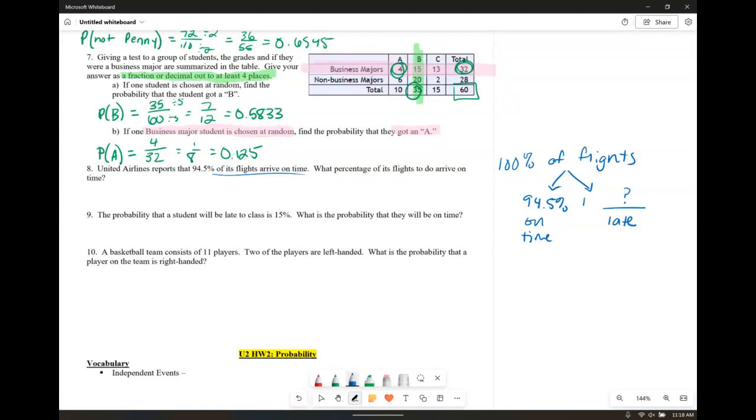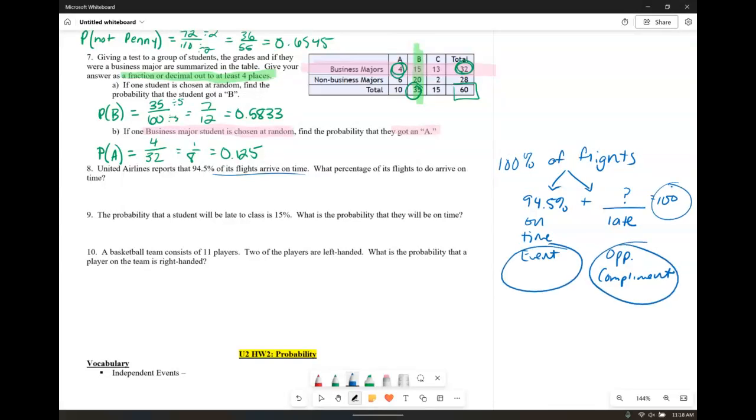Okay, but these 2 things together have to equal 100% of our data. Okay, the original event and then the opposite of that event, which is sometimes called a complement. These 2 things together have to equal 100% of the data. Okay, so to answer a question like this, I'm going to take 100% and I'm going to subtract. So I can say 5.5% would not arrive on time.